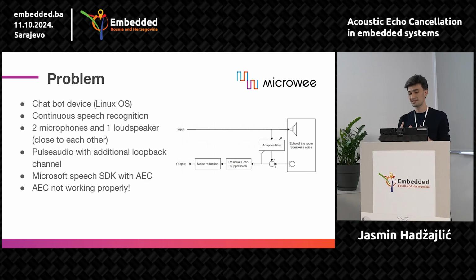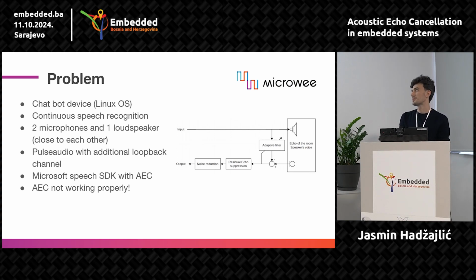The small device's microphones and speakers are near each other, which also makes the echo more powerful. Also, because we are using Linux on the device, we are using PulseAudio, and as the reference channel, so as an input, we added a virtual channel, which we used as the input for acoustic echo cancellation.